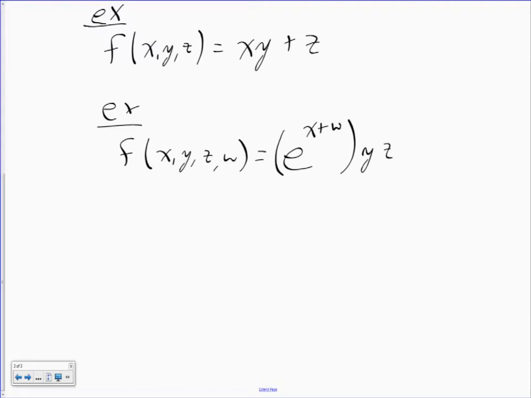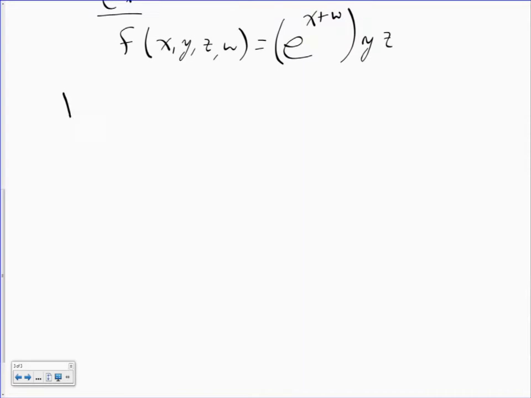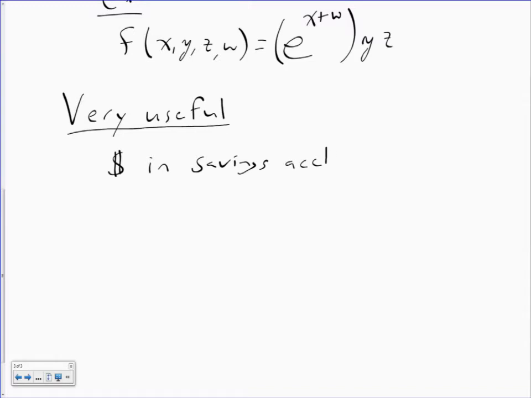All right, so these functions of more than one variable are really useful because life depends on a lot of stuff. So everything that happens in our life depends on all sorts of different variables. So for example, money in your bank account is going to depend on different things.